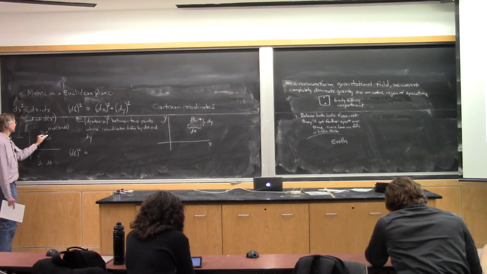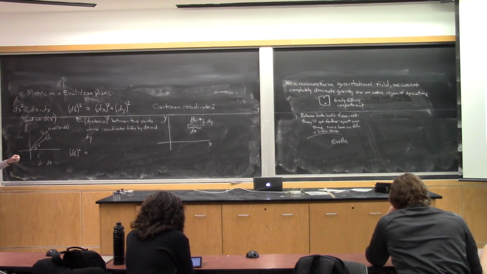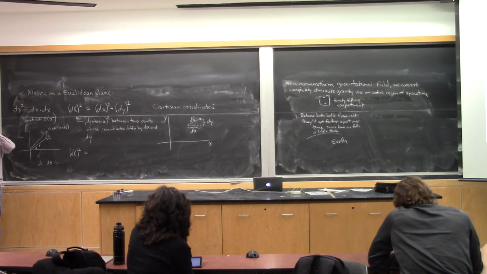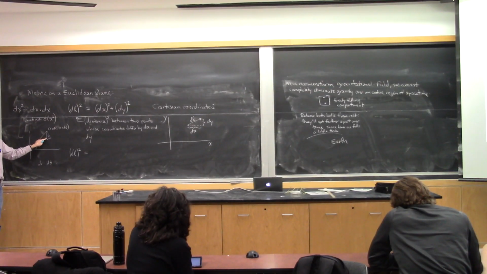I make a little right triangle again, and this will be a better and better, more accurate approximation the closer the two points are together, which is fine because it's dr and d theta. They're supposed to be little infinitesimal coordinate differences. What is that distance right there?